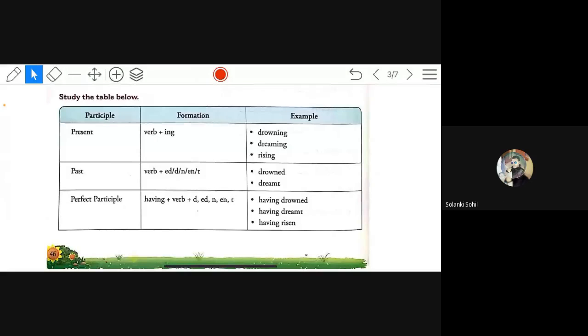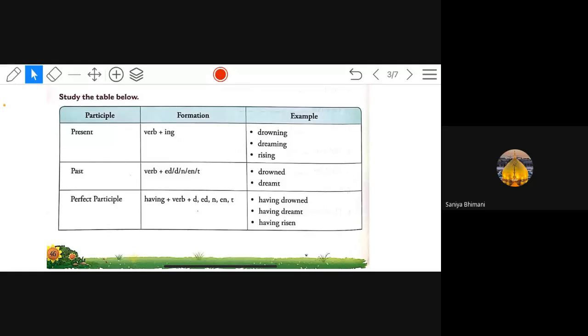No, sir, no doubt. In the past participle, you will see the second form of the verb. I hope you know there are three forms of the verbs. Which are the three forms of the verbs? I am asking.